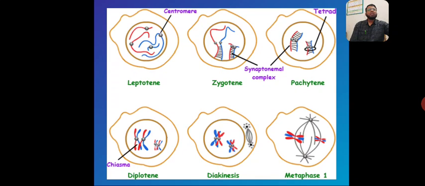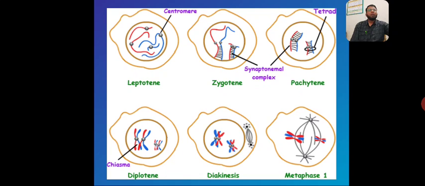Zygotene is a substage where synapsis between homologous chromosomes begins. Homologous chromosomes pair side by side, gene by gene with each other. This process of lateral association of homologous chromosomes is called synapsis, which is shown in the diagram. When the two homologous chromosomes consisting of four chromatids are paired, this structure is called a bivalent.